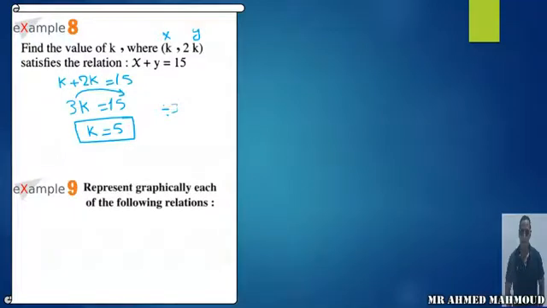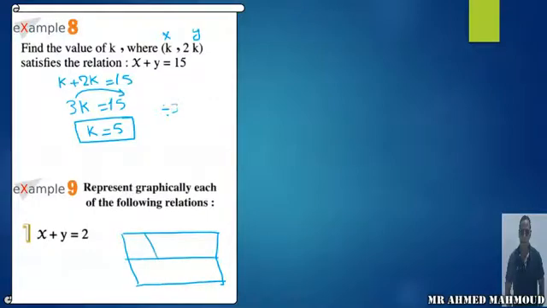Represent graphically each of the following relations. Number 1, x plus y equals 2. Now, this is the question. Represent graphically. The first step, I'm going to write a table like this. Here I will write x and y. In place of x, you can suppose any numbers.